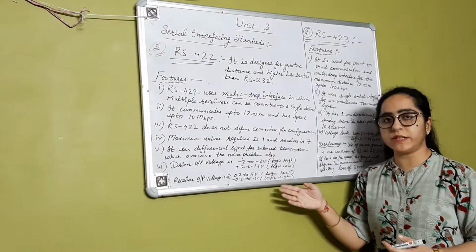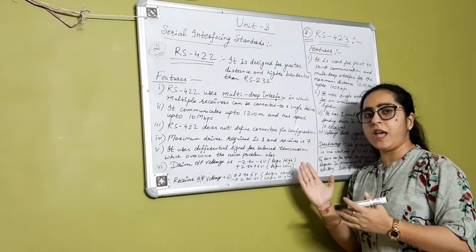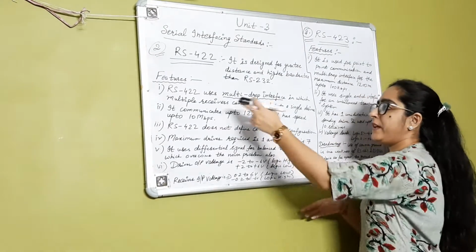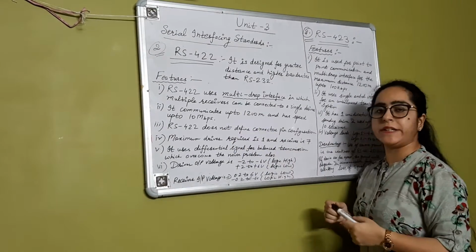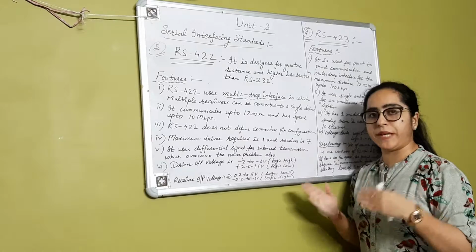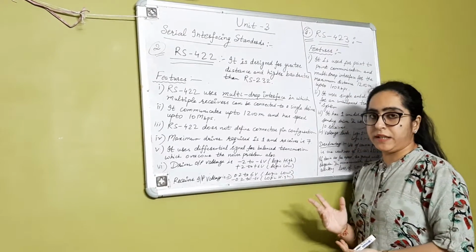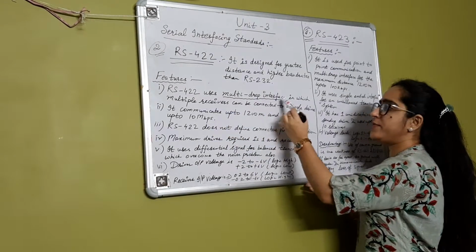RS-232 had a single transmitter to a single receiver, but RS-422 uses a multi-drop interface. That means one to many.